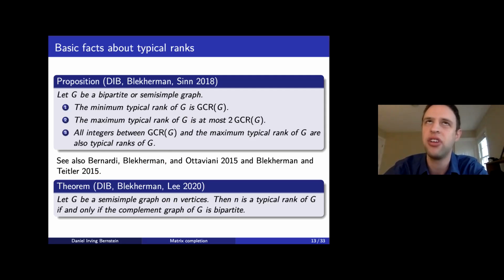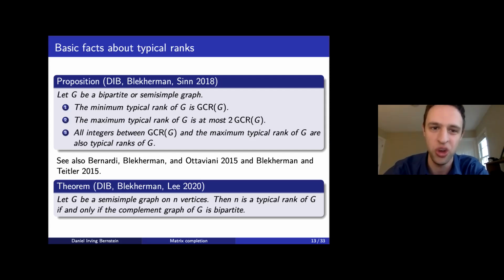And I should also say, on one hand, the fact that typical ranks over the reals are more complicated than this generic completion rank over the complex numbers seems like bad news because it's more complicated, but it's also good news in the sense that this is all robust to perturbation. Like in the complex setting, generically, it doesn't matter what you observe.